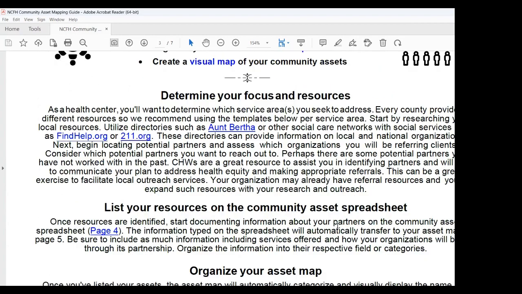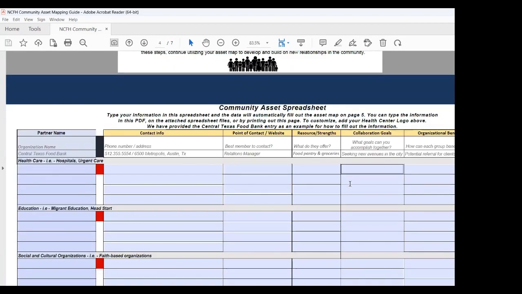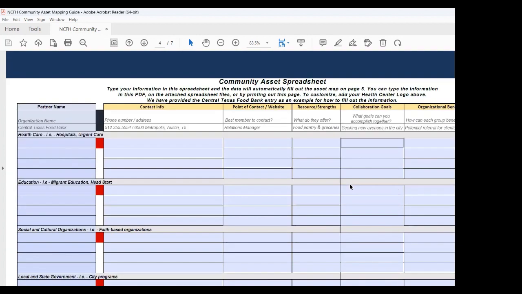And then we go down and we have a spreadsheet. I'm going to get you to help me fill in this spreadsheet. We're not going to fill in the contact details, the website, the resource strength or what they're good for. We're just going to fill in what the organisation or place is, so we get an idea of how this resource works.